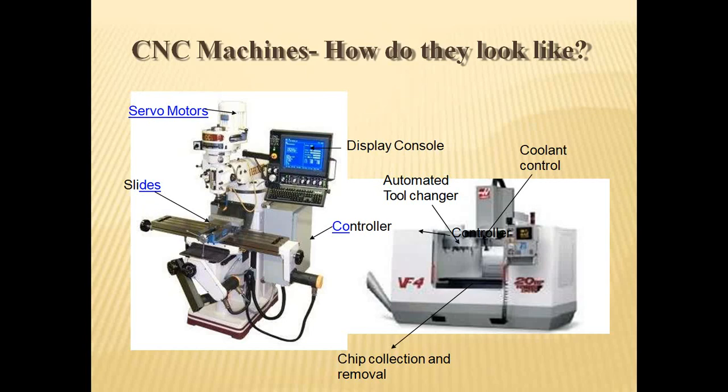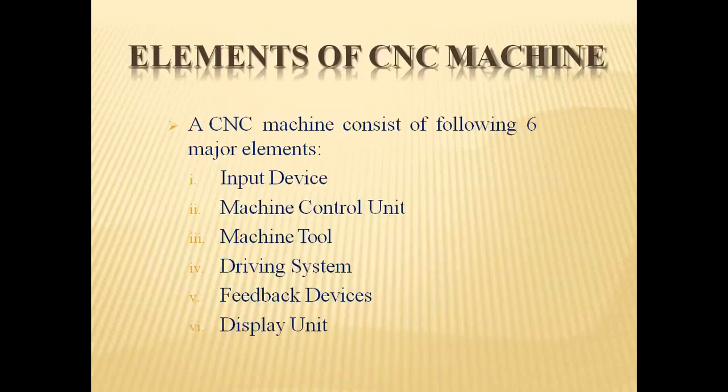This machine control unit converts and interprets the data and sends signals to the servo motors. With the help of these servo motors, the slide movement happens to the machine tool, the cutting tool and the raw material. Because of the movement of the slides, the manufacturing happens. This is how exactly a CNC works.